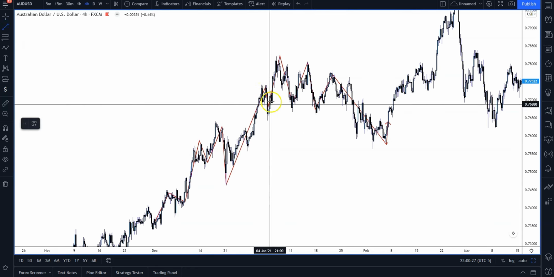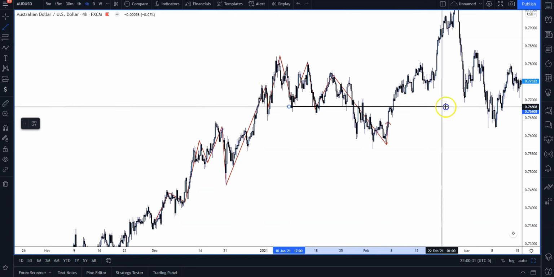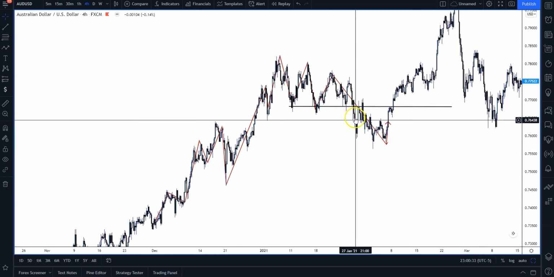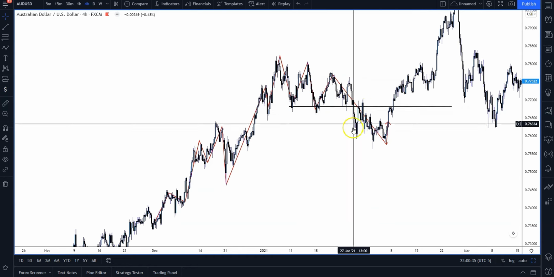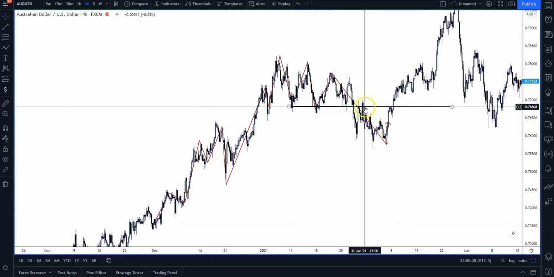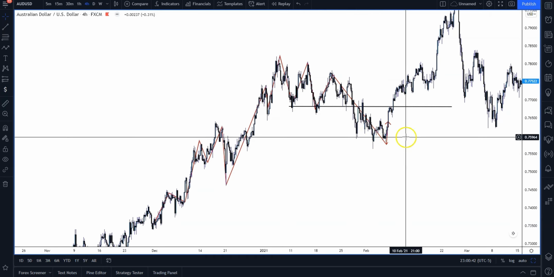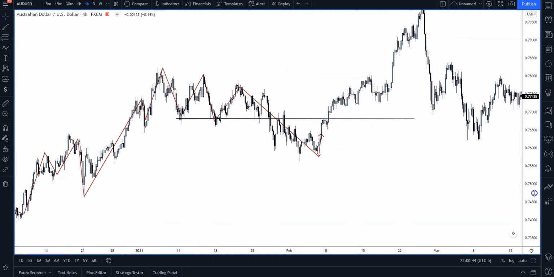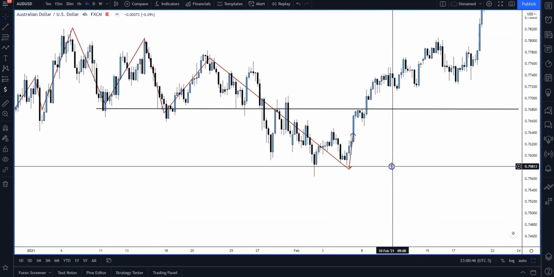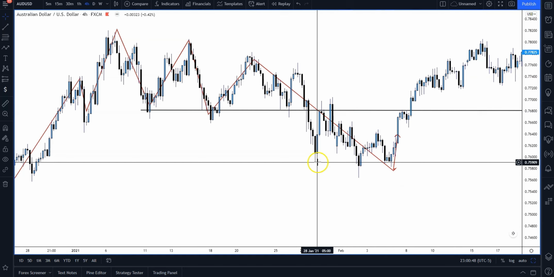You got the higher highs, and this was the last low. It breached, rejected, retested, went down. It created this low, but notice how you have to be very careful.